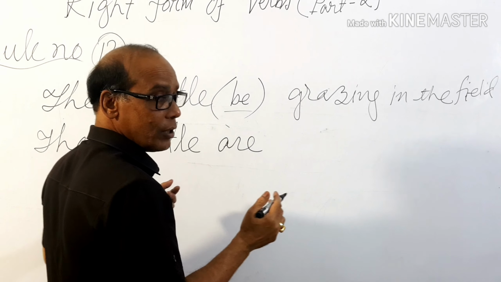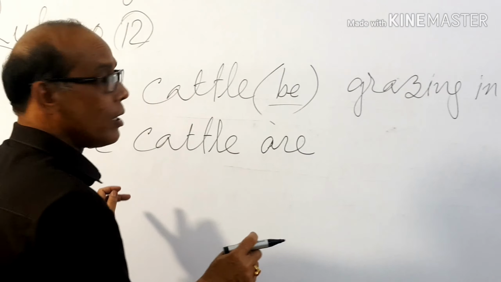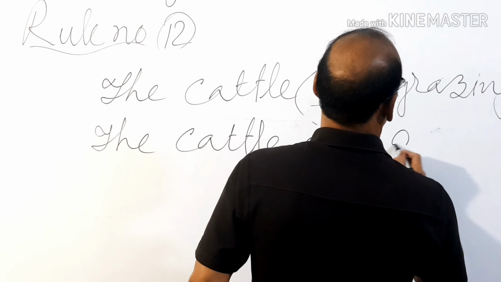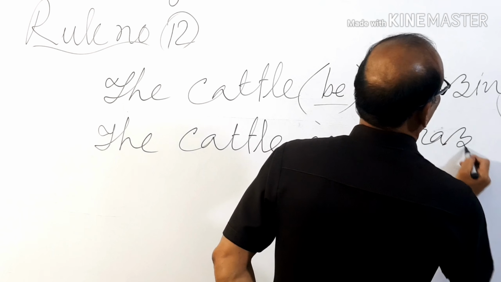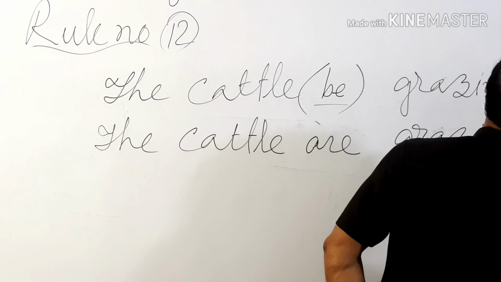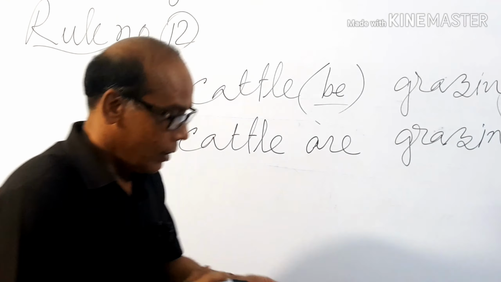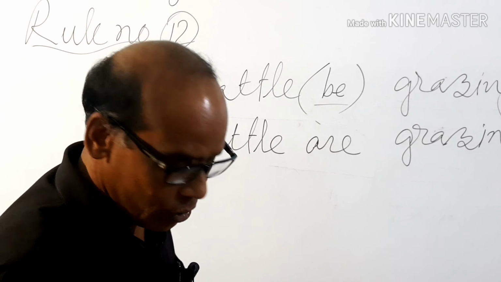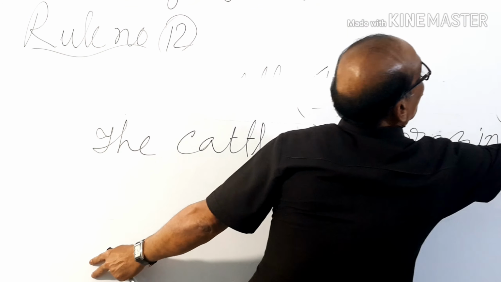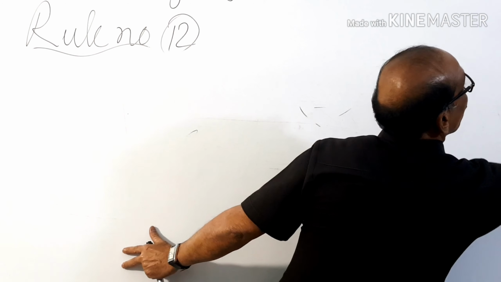Is is only for third person singular number, but here cattle is plural, so we'll have to use are. The cattle are grazing in the field. I think this rule is very clear to you, and I don't want to give you any more examples of this rule. Rather, let me move to the next rule.